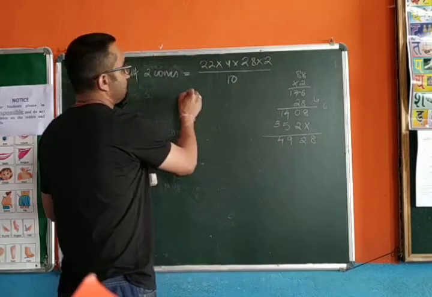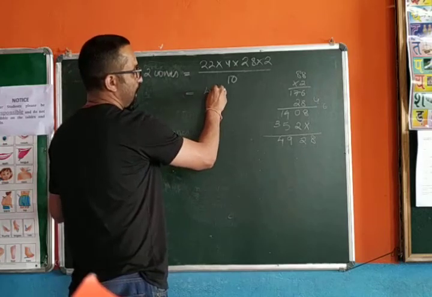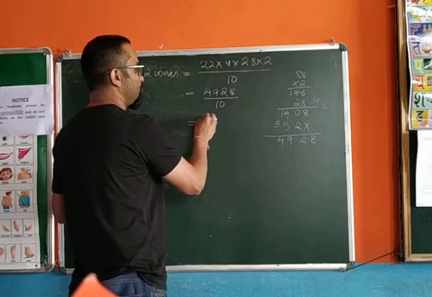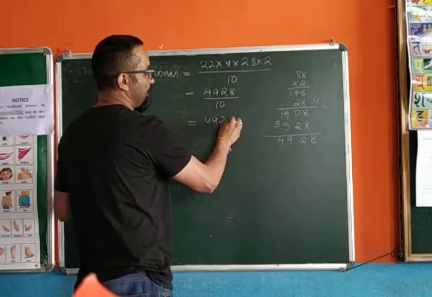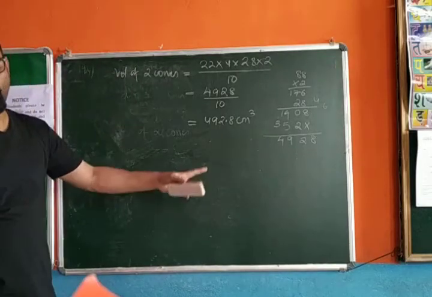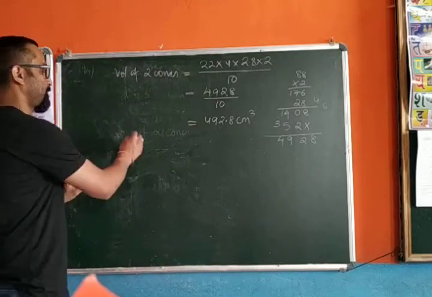So you write this multiplied value 4928 divided by 10, which is equal to 492.8 centimeter cube. Volume of 2 cones submerged.